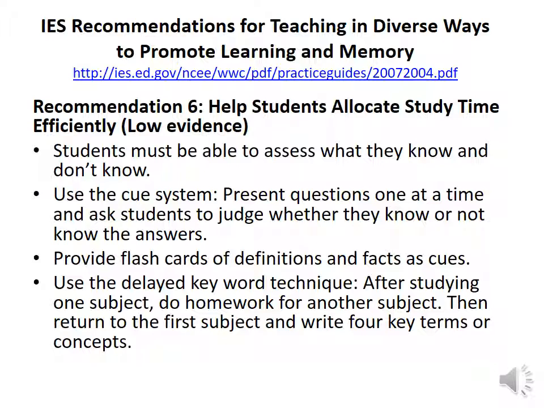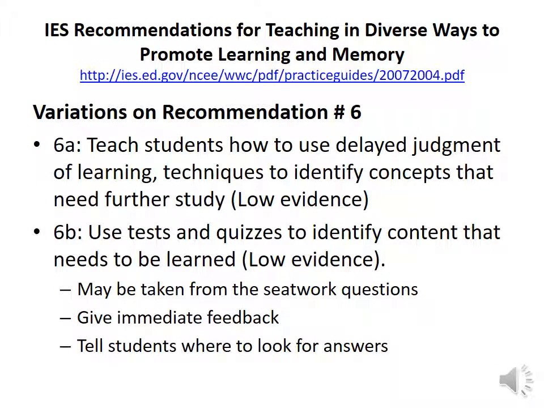Use the delayed keyword technique. After studying one subject, do homework for another subject. Then return to the first subject and write 4 key terms or concepts. The following are variations on recommendation 6. 6A.